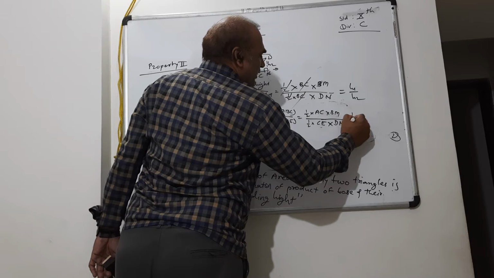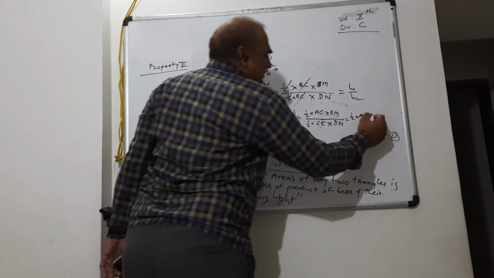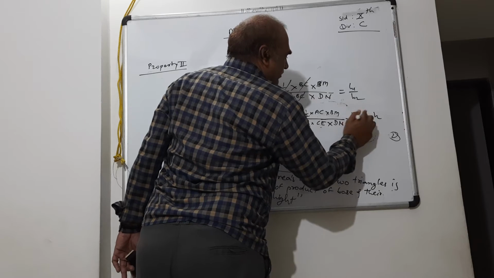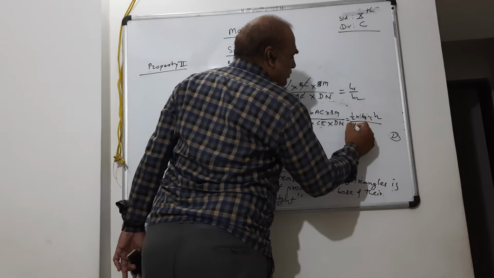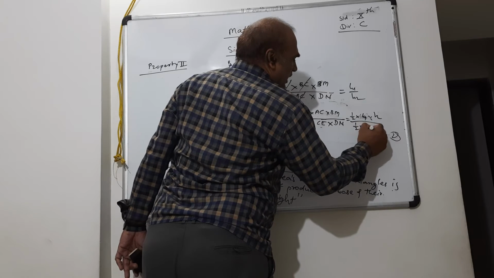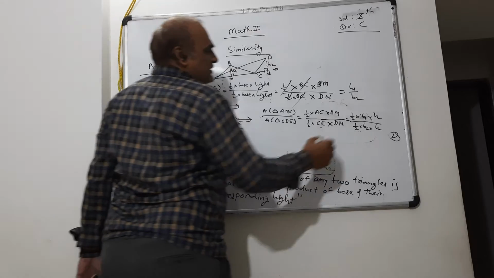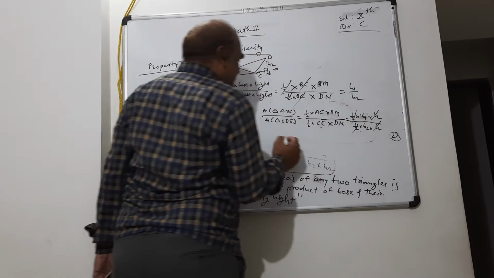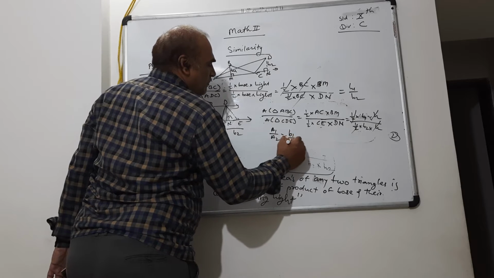That is half into B1 into height H, and for the second triangle, half into B2 into the same height H. H gets cancelled, half gets cancelled. Therefore, A1 upon A2 is equal to B1 upon B2.